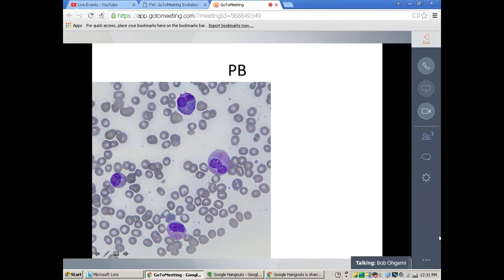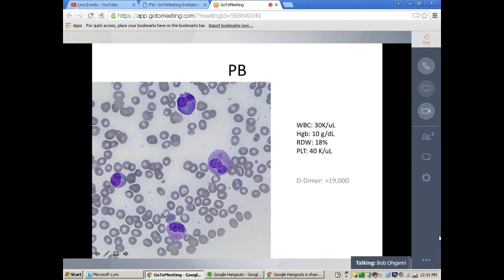These look like peculiar blasts or perhaps promyelocytes. They have finer chromatin and quite a bit of cytoplasm. You also see lots of granules, and also Auer rods, elongated needle-shaped violet needles here.